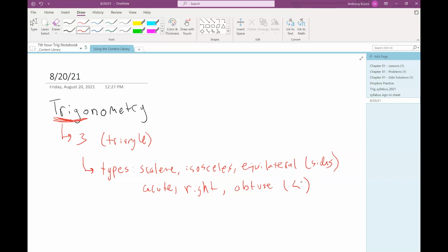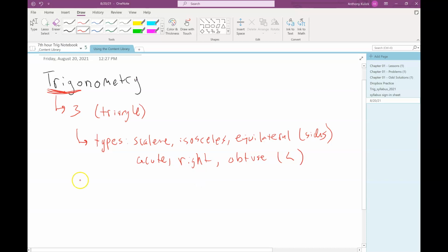Good. So that's good. What else do you guys kind of remember? Yeah, go ahead. All the angles add up to the same number. Yeah, the sum of the interior angles should equal 180 degrees. Very good. Absolutely. Area is 1/2 base times height.